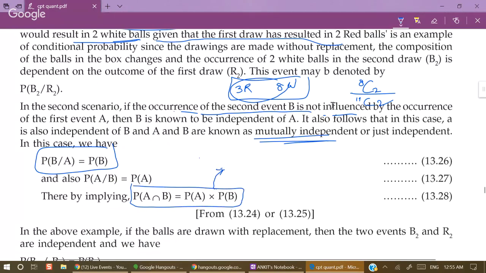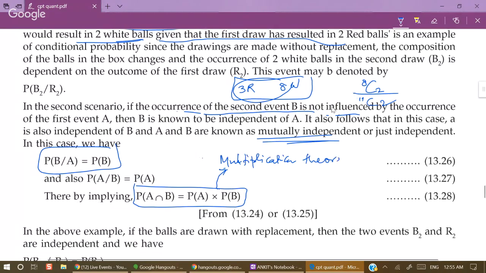This formula is the theorem of compound probability. It is basically the multiplication theorem, and it applies to independent events only.